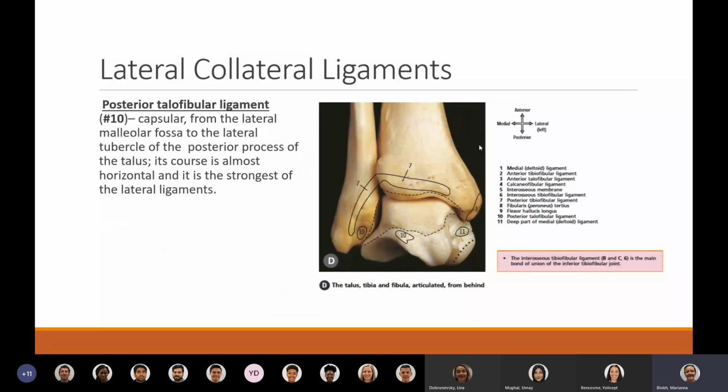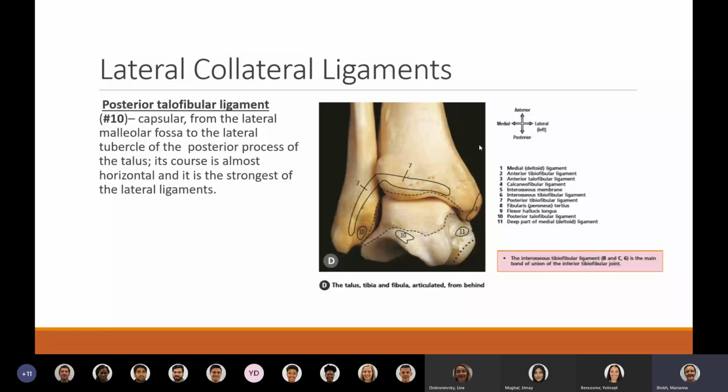Posterior talofibular ligament. It's the strongest of the lateral collateral ligaments. There was a clinical aspect on the exam: describe the anatomical basis of lateral ankle sprains. That was one of the things that was covered.